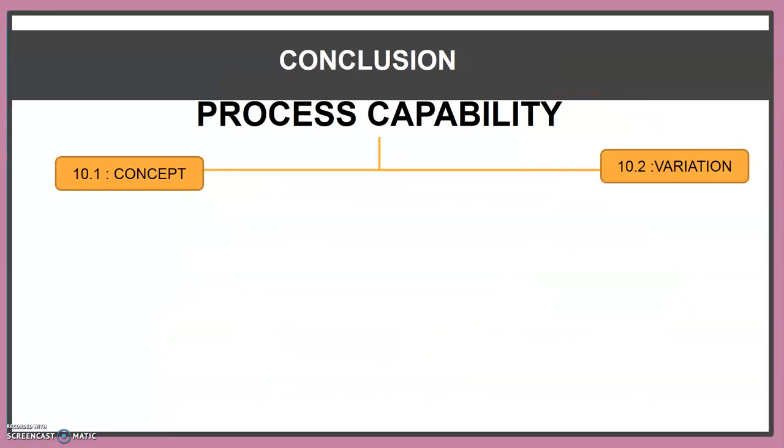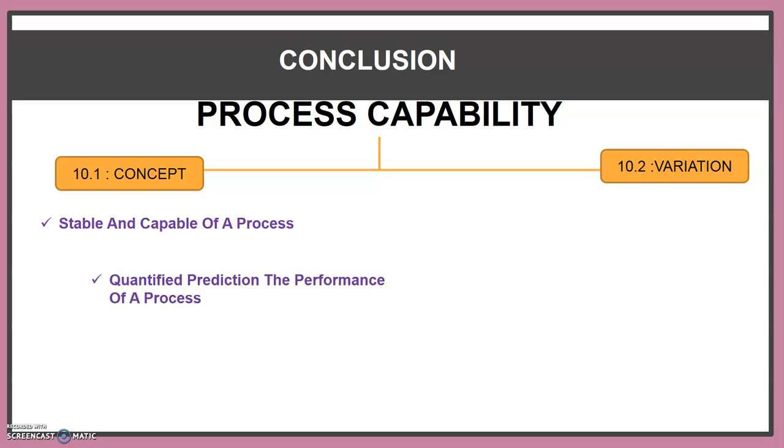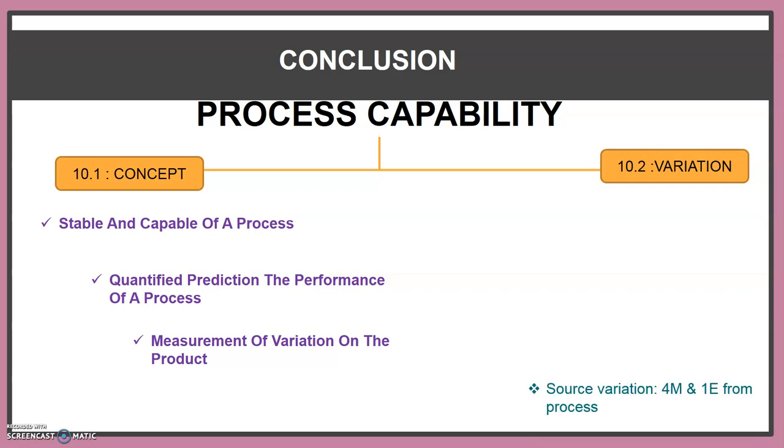Therefore, for today, before I end this video, let me do some recap about process capability. Process capability, the concept is a stable and capable process. Quantifying and predicting the performance. Measurement of the variation on the product.